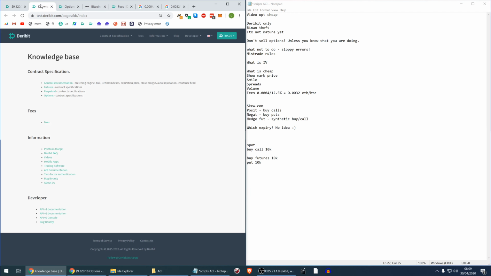And probably the last question to answer: which expiry to buy? I have no clue. It depends on your strategy, on your expectations. If you're buying options, then you have some plan in your mind. The overall way options are priced is that the theta, the decay of the value of the option, favors holding long-dated options.